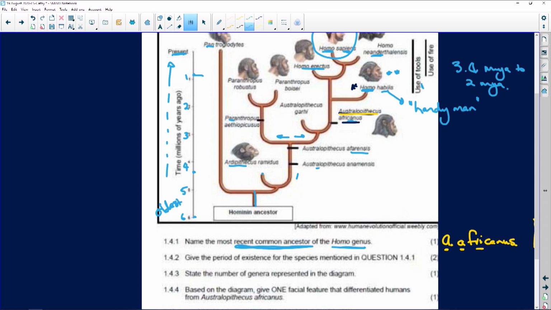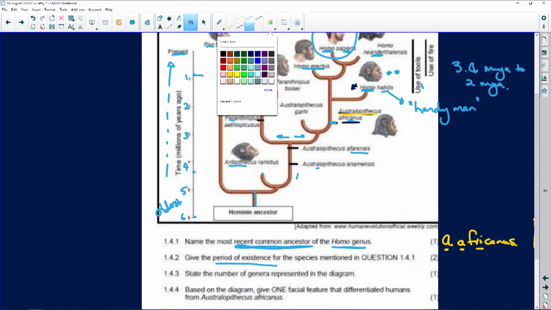Let's get blue again. Give the period of existence for the species mentioned in 1. So the period of existence for Australopithecus africanus. Let's get a piece of paper here so I can draw a straight line. So you see here, it's indicated on the diagram already. So let's get red.